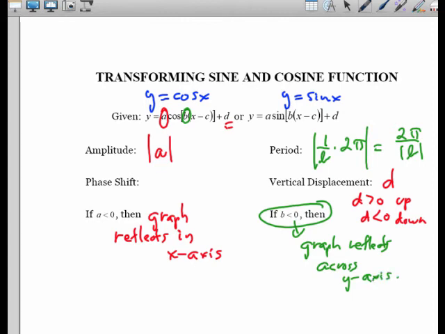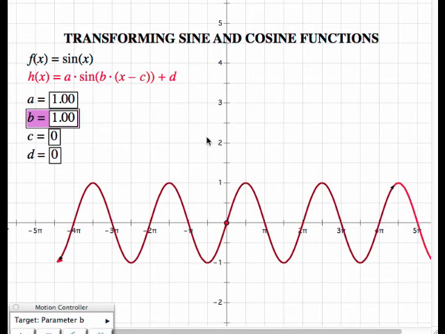Alright, so there's one more parameter we haven't talked about, and that's c. Replacing x with x minus c, we know shifts the graph horizontally. So resetting my parameters, if I were to put a c value here of pi over 2, x minus pi over 2 should shift the entire graph pi over 2 units to the right.